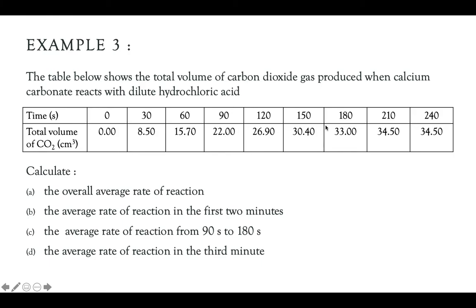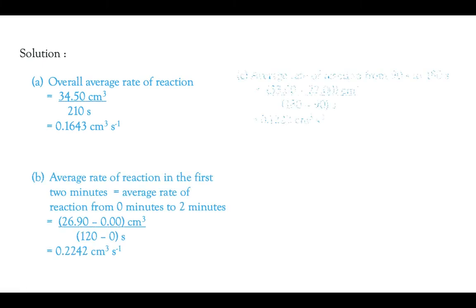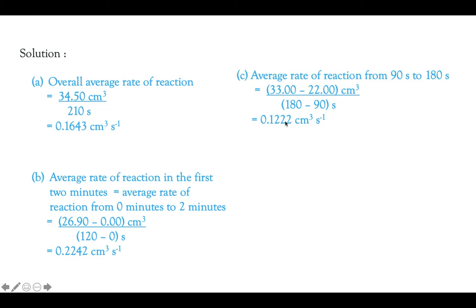Minus lah dua ni. Then, time taken pula from T2 180 minus with T1 dia adalah 90. Okay, so kita akan dapat 0.1222 cm3 per second. Okay, final answer. If possible, bagilah for decimal place. Tapi kalau bagi 2 decimal place pun dah mencukupi.